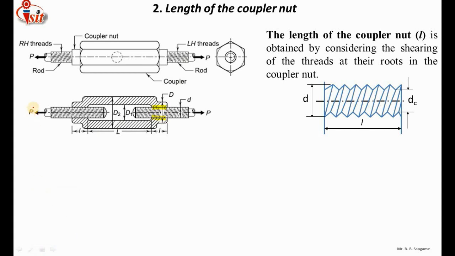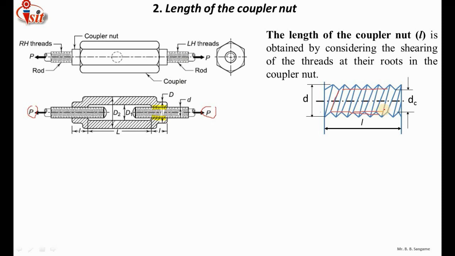Here you can see this is the force of magnitude P. After the application of force, there is a possibility of failure of threads. They can shear off along with the tie rod. Again the minimum diameter, the core diameter, we need to consider, along which the threads can shear off along this plane.